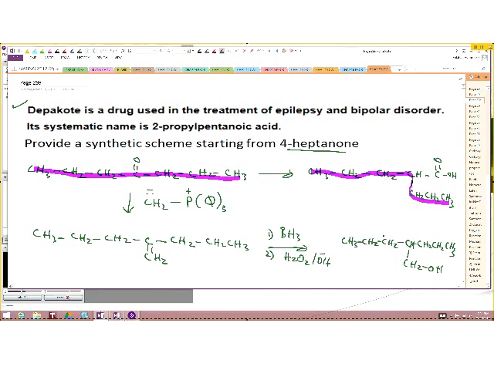And then of course you then oxidize the primary alcohol with chromium trioxide.